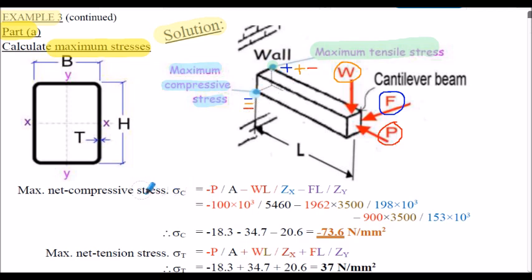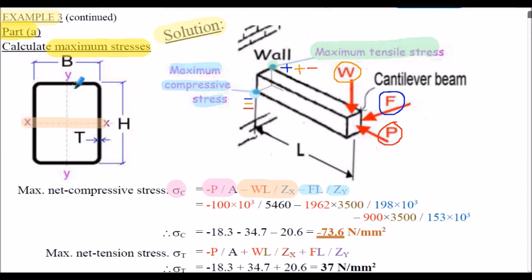So calculating the compressive stress, sigma C, I've labelled it here, we have the negative P upon A stress from the direct compression. We have the compressive stress due to the W times L bending moment applied, which is about the ZX axis of our section. Then we have the compressive stress due to the bending moment F multiplied by L, and that's about the y-axis, so divided by the ZY.